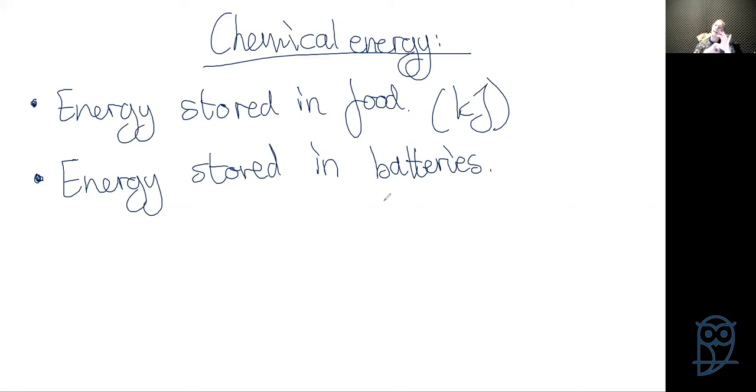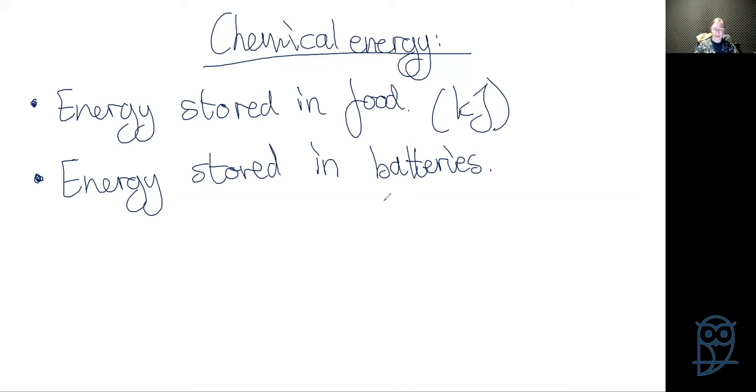And when you connect an external circuit to it, those 2 substances can react with each other and let go of that stored energy into the circuit, which then powers your light bulbs and things. So we've got energy stored in batteries. This is a chemical energy. Okay.